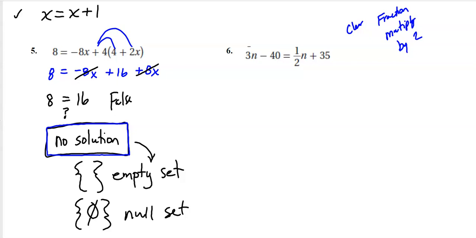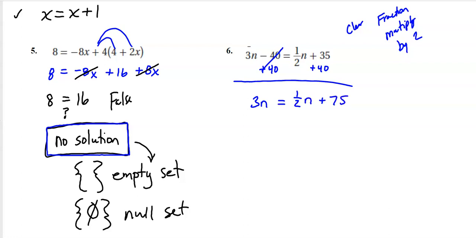I could also start off by moving that 40 to the other side. So I think I might do that. I might, on this problem, add the 40 to both sides. And that gives me 3n equals 1/2 n plus 75.